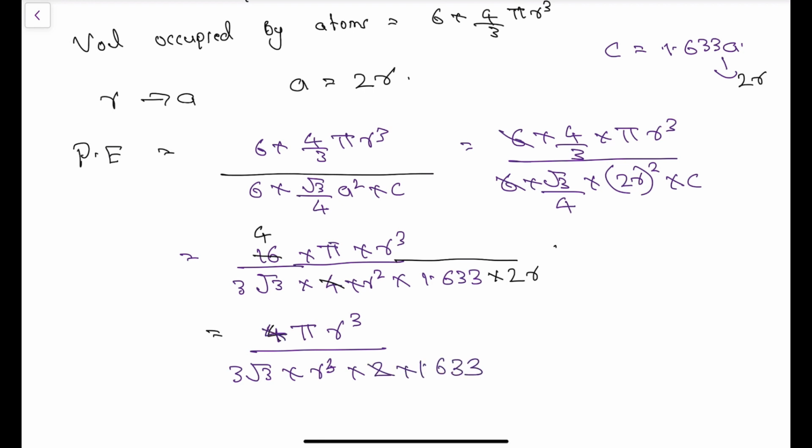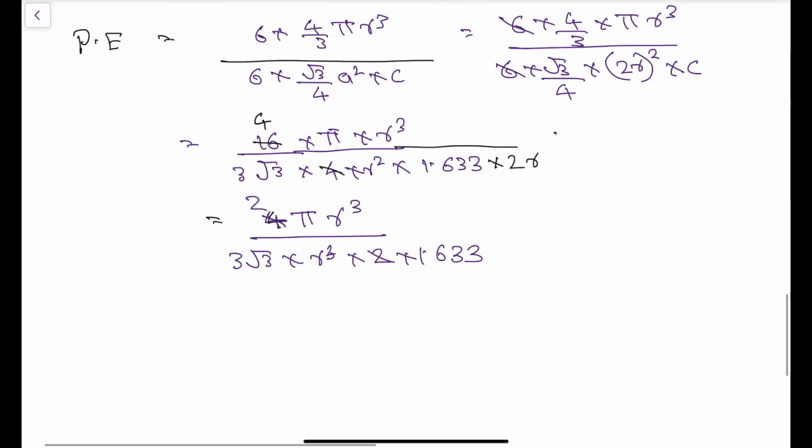So this will be cancelled off. This is 2. So if you solve this, you will get 0.74 or 74 percentage. So this is the packing efficiency of the hexagonal close pack structure.